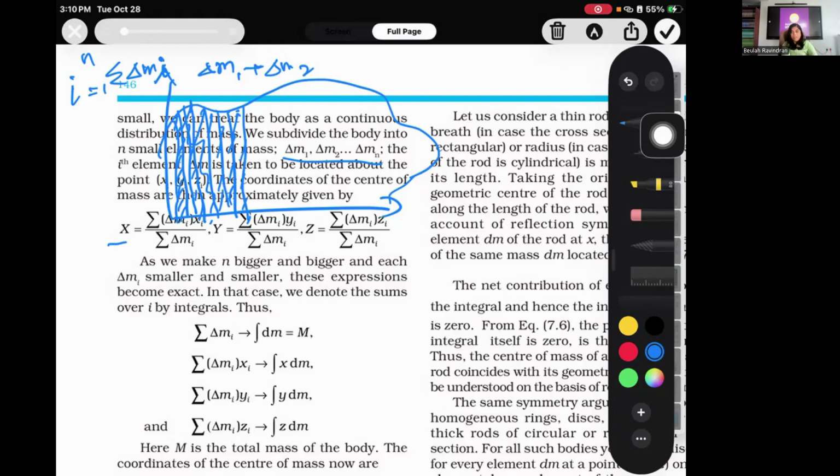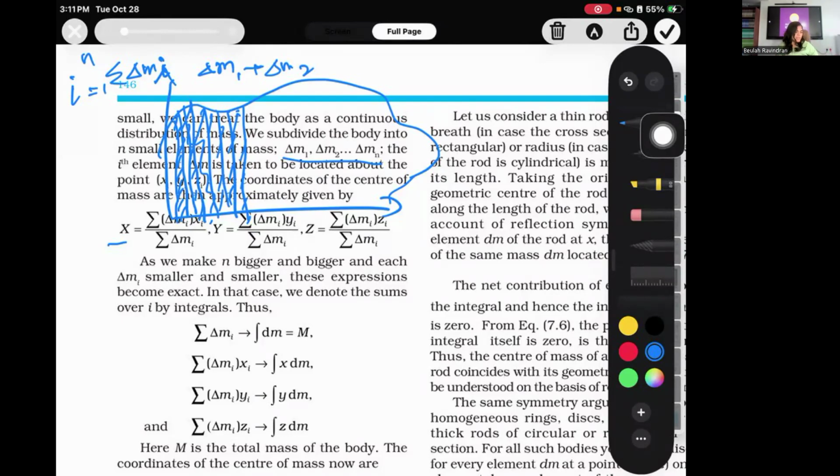You differentiate and then add all the differentiable quantities. That will be the integration, you know, right? For a continuous distribution of mass, we can break the mass into smaller particles and differentiate. After differentiation, summation over all the differentiable quantities, that is the integration, will give you the result.